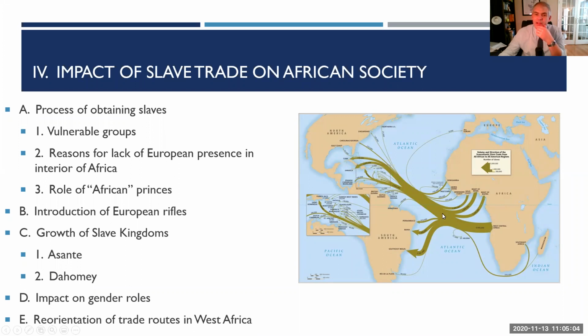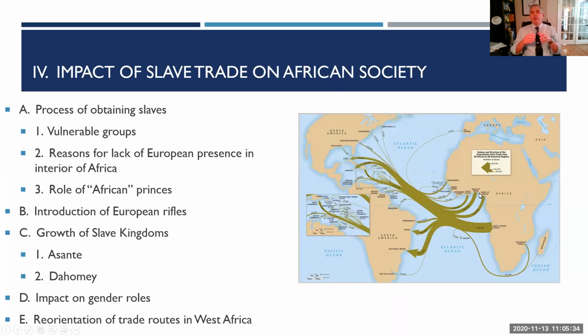And then if you follow the arrows, you'll see how so much of this ends up in the West Indies, and then how a lot of this ends up in Brazil, and then how smaller groups end up up and down the East Coast of North America. And that just reinforces what I had talked about regarding the destination of the enslaved Africans. So if you notice, a lot are coming from this region and from West Africa in particular.